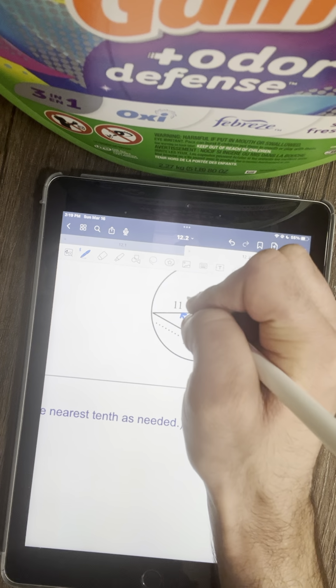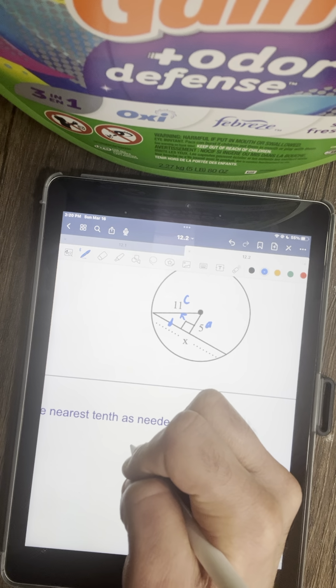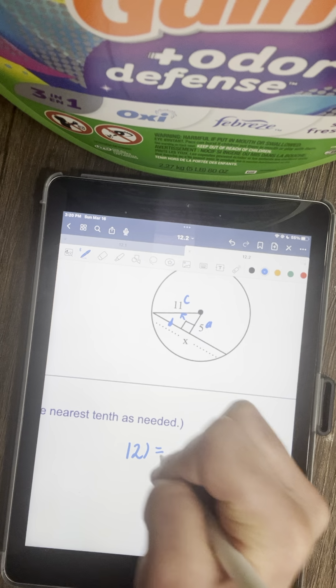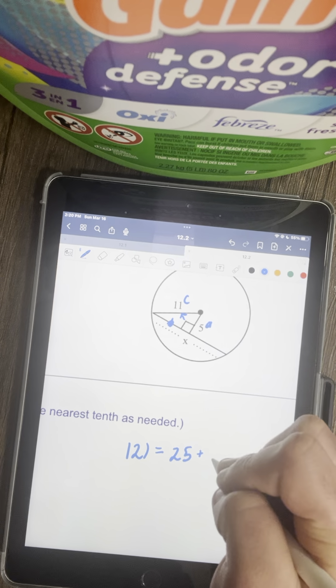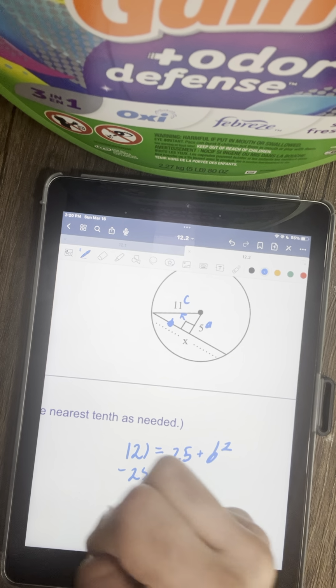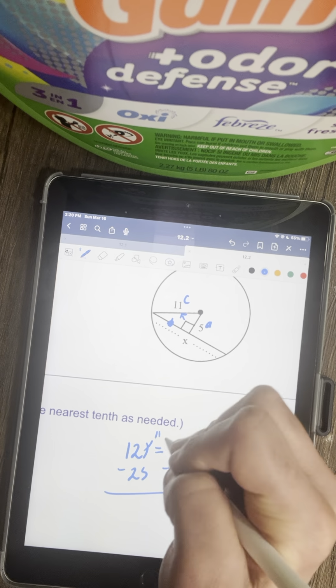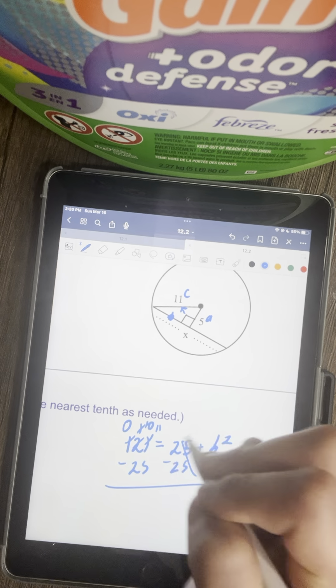So this is my C, this is my A, and let's make this my B. So 11 squared is 121, 5 squared is 25, plus B squared. Subtract 25, 11, 1. This one's going to turn to a 10, it's going to turn to a 0.